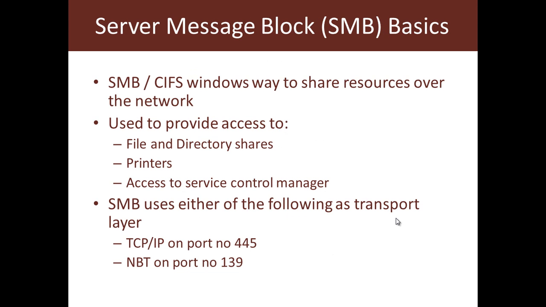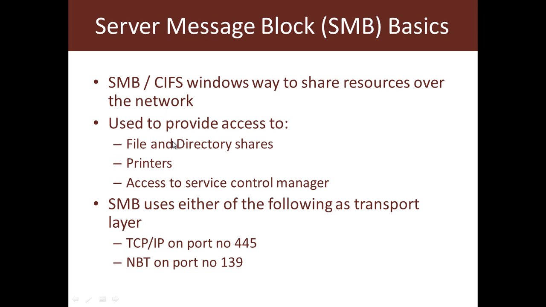Before we move on to how pass the hash is used in Metasploit, you also have to understand a little bit about a protocol called Server Message Block, or SMB. SMB, or CIFS, which is what you would call the Windows version, is a way to share resources over a network.